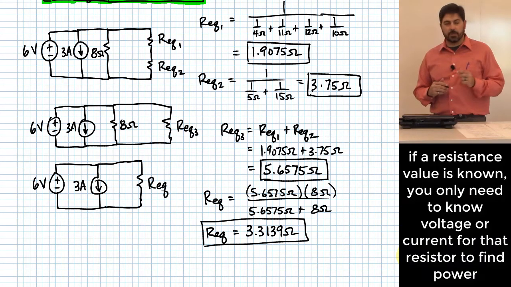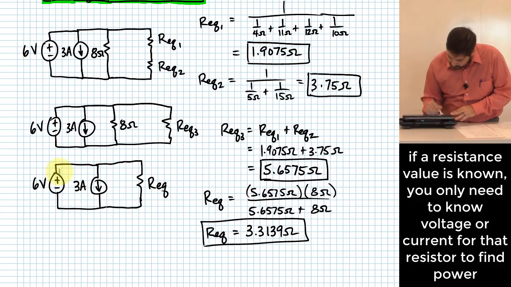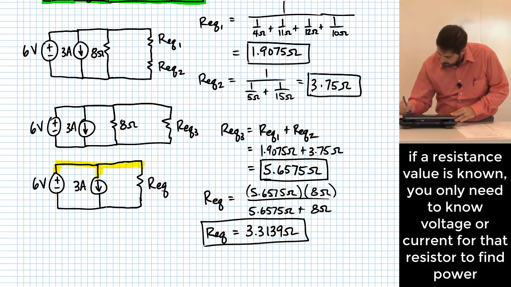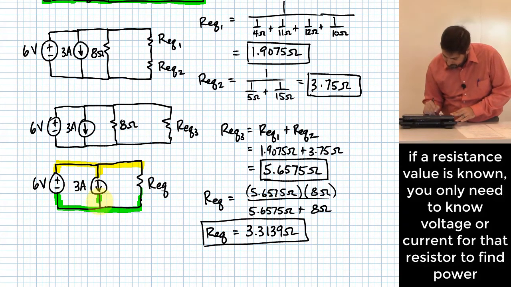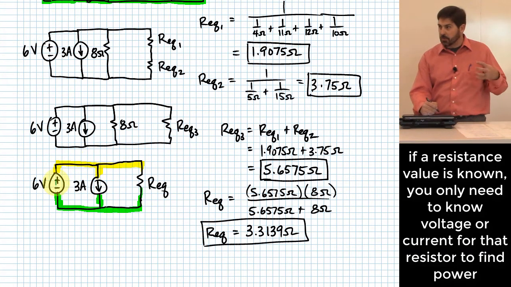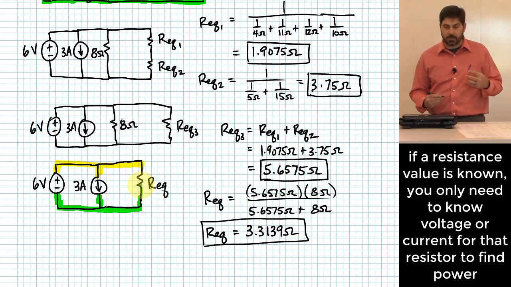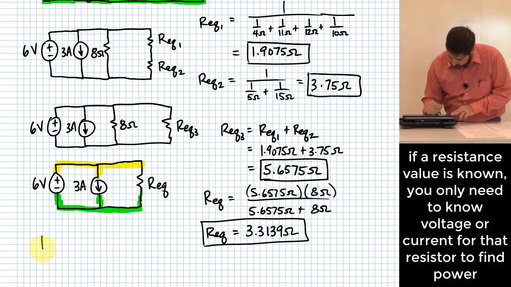Okay. What do we know? We know there's 6 volts across it, right? Essentially we've now reduced down to just the top node up there and the bottom node down here. If I've got 6 volts across that node held by that 6-volt source, that's the same voltage that's across REQ. So the power is going to be equal to 6 volts squared.